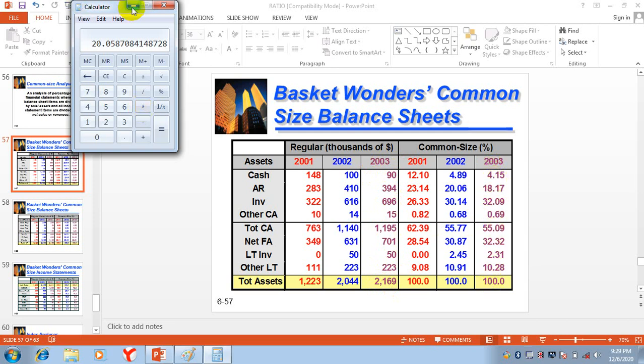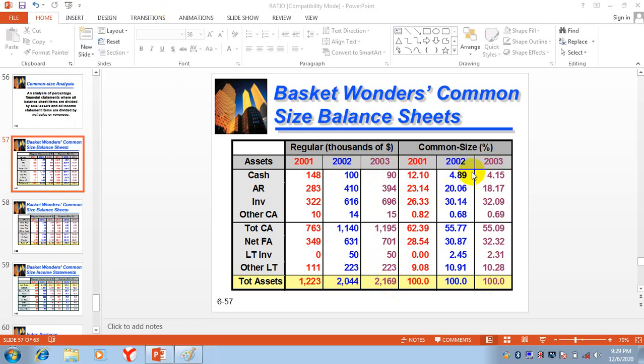So basically, common size analysis is converting your regular balance sheet of 2001, 2002, 2003 to common size, that is, a percentage balance sheet. Up to this point it is in dollars, three years of data, but after this point, 2001, 2002, 2003, this is in percentages.